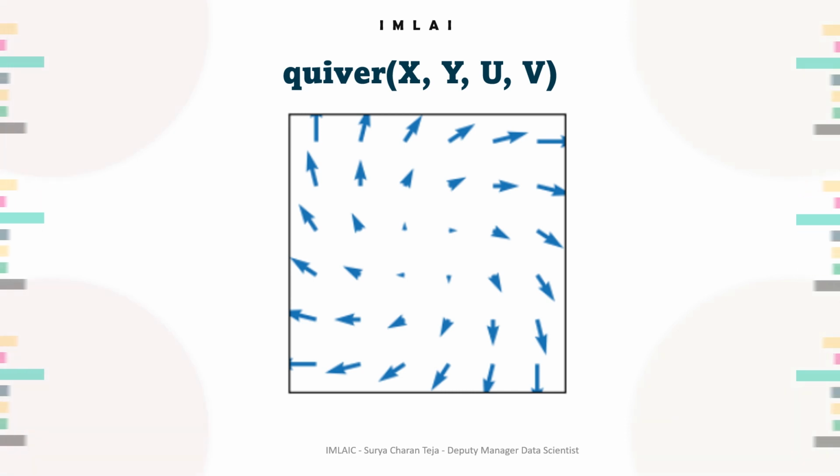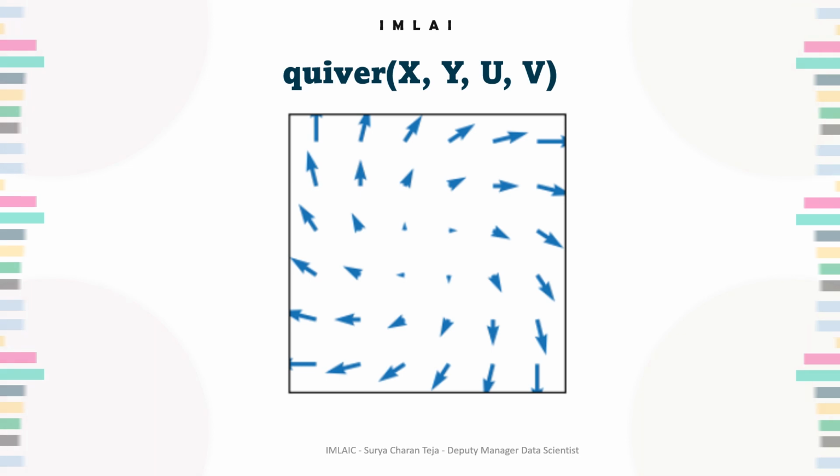So if capital U and V are vectors, then the x coordinates of the arrows range from 1 to the number of elements in capital U and capital V, and the y coordinates are all 1. If U and V are matrices, then the x coordinates of the arrows range from 1 to the number of columns in capital U and capital V, and the y coordinates of the arrows range from 1 to the number of rows in capital U and capital V.